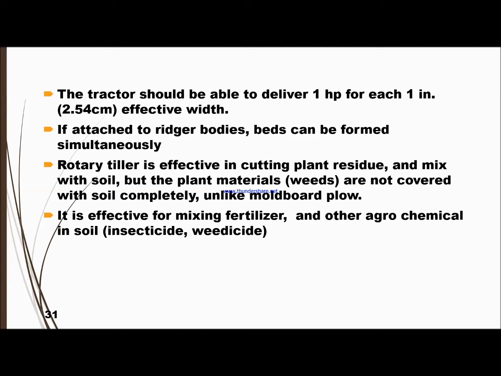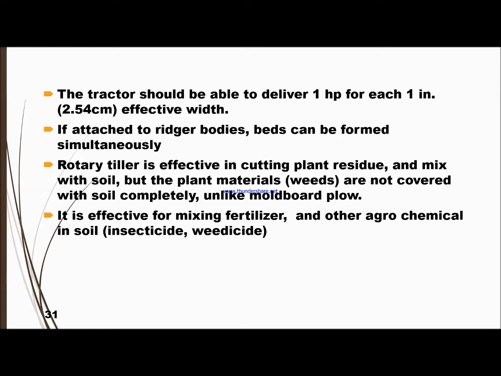If they attach to bigger bodies, beds can be formed simultaneously. Normally, if we want to plant vegetables, we can directly attach the cultivator behind the tractor and make a bed for the cultivation.